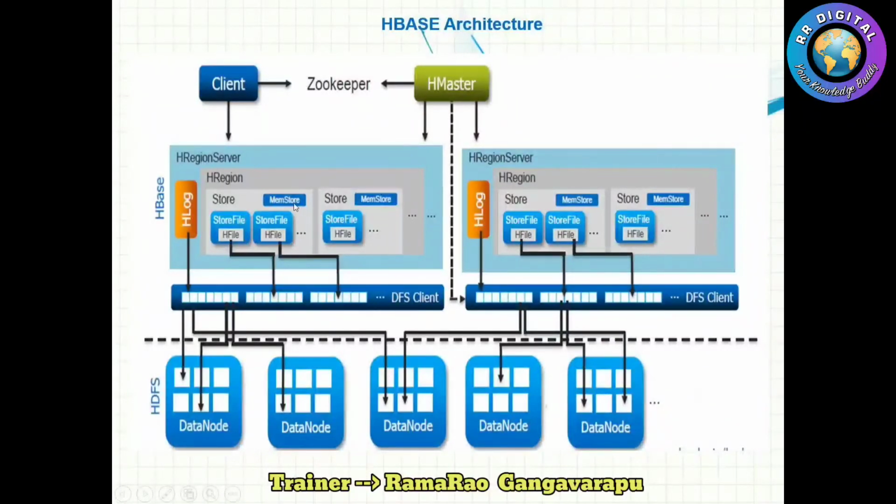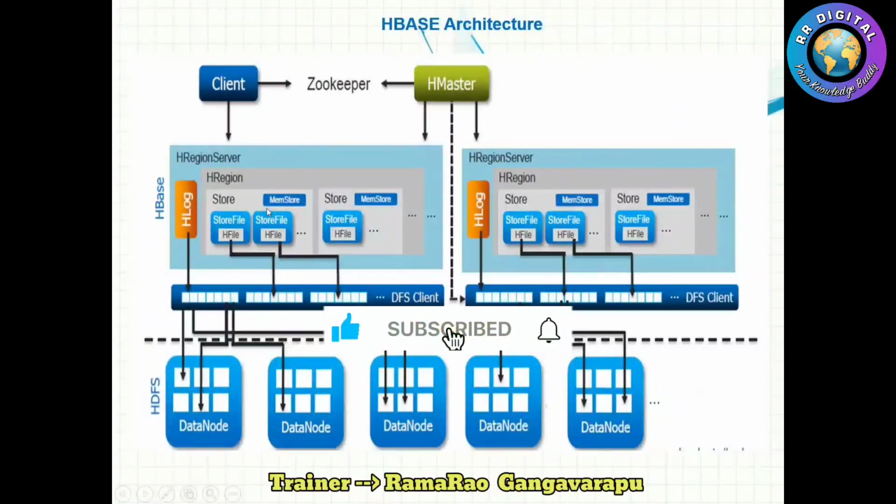Coming to memstore. Memstore always keeps new, latest data. We discussed that one version of data is kept in HDFS, but HDFS doesn't support updates. If you want to update to a different value, HDFS doesn't support that. So V2, V3 related updates are kept in the memstore.